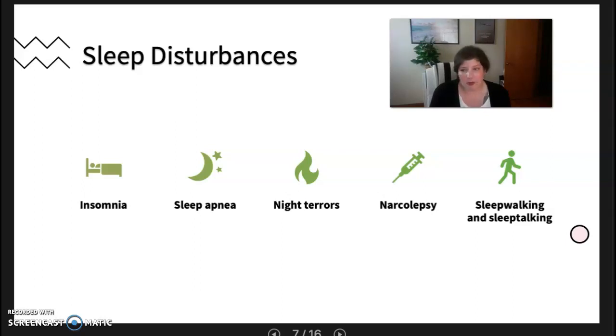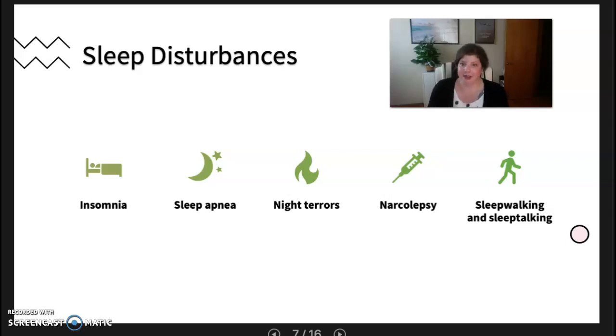Sleep apnea, you may have heard of that. This is where people basically stop breathing many times throughout the night, and the oxygen levels to your brain get so low that your body has to wake up so that it can start the breathing process again.